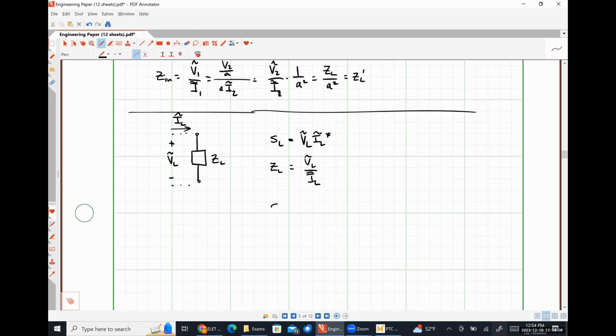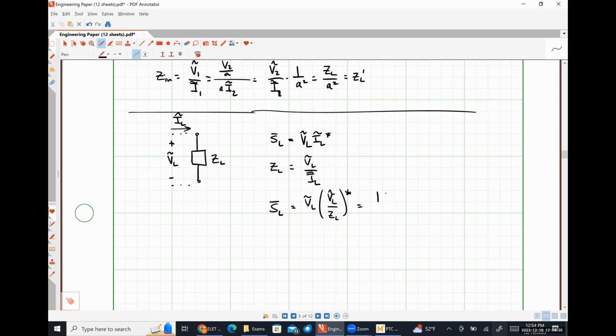So I could say that my complex power SL could be expressed as VL times IL, where IL is just VL divided by ZL, and I need to conjugate that current.